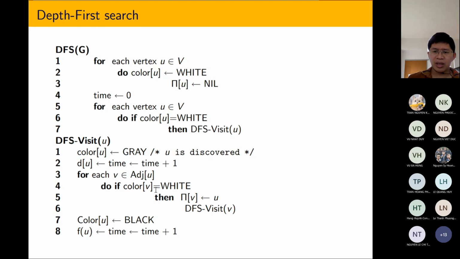We want to check whether we have a back edge, so I want you to modify the DFS to check whether or not we have a back edge.